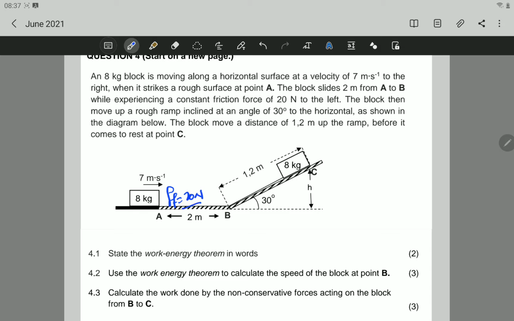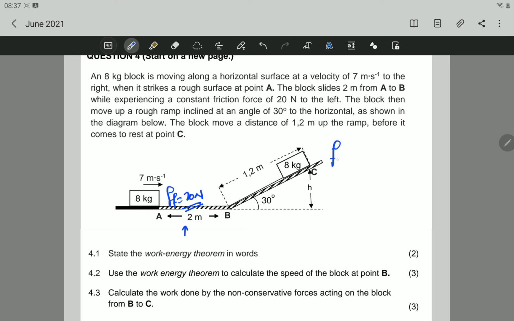Now let's clarify something. This frictional force on this point is not going to be the same as the frictional force here. The frictional force on the incline is different because the normal force is different. So the 20 newton for the frictional force is only from A to B. And I'm going to write it here just for you to know.